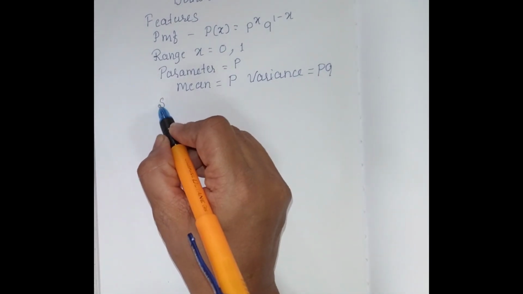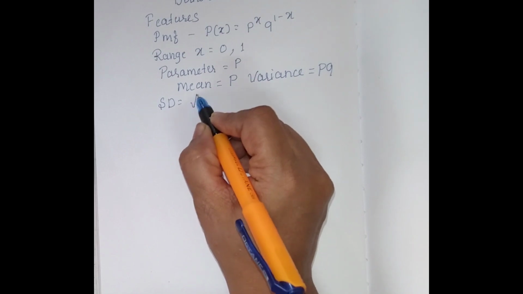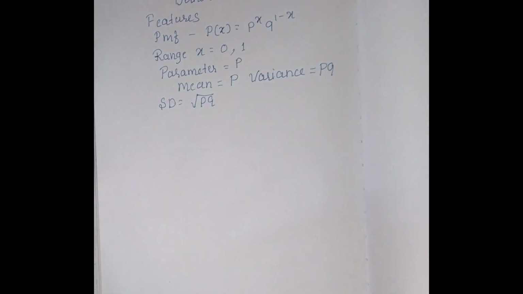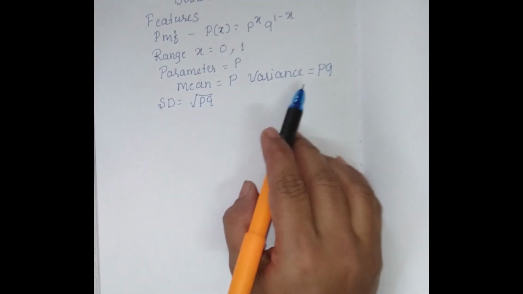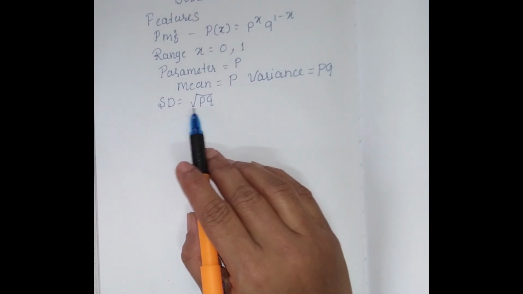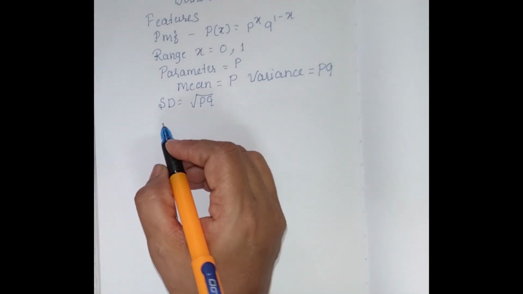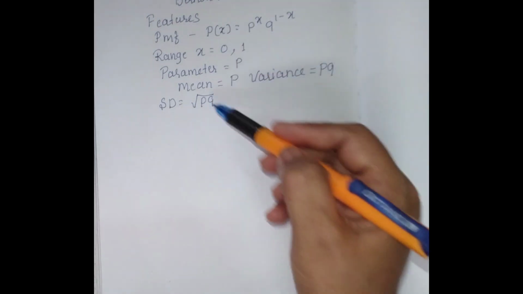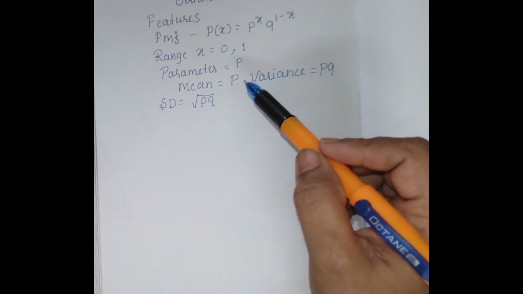The standard deviation is equal to the square root of PQ. These are the features of a Bernoulli distribution.